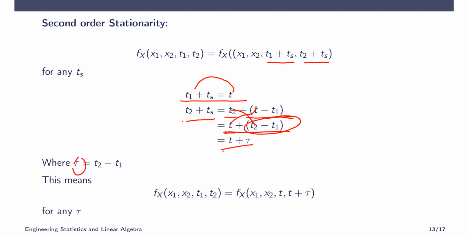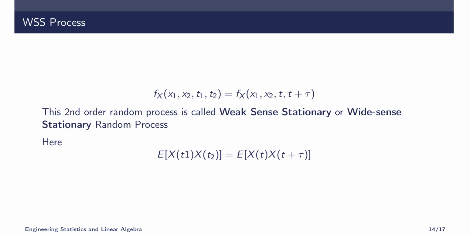So t plus tau. This means that f_X(x1, x2; t1, t2) is equal to f_X(x1, x2; t, t plus tau): t1 plus ts is called t, and t2 plus ts is t plus tau. Now for any tau.